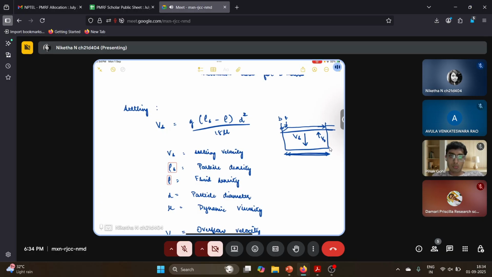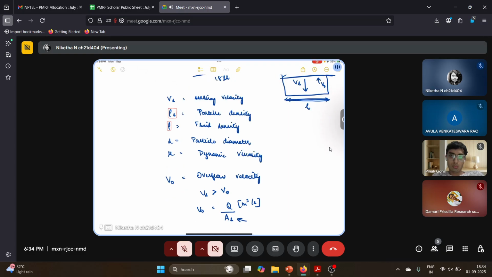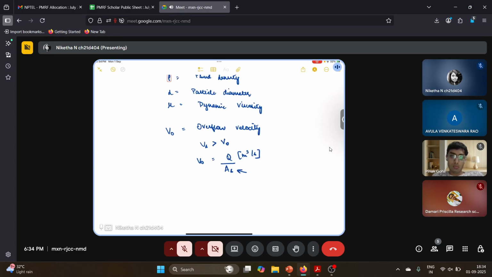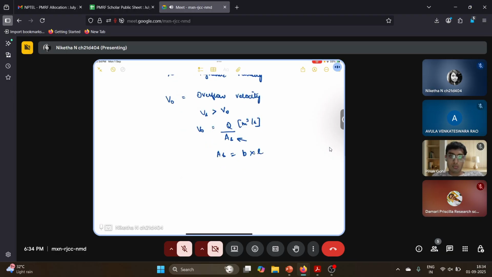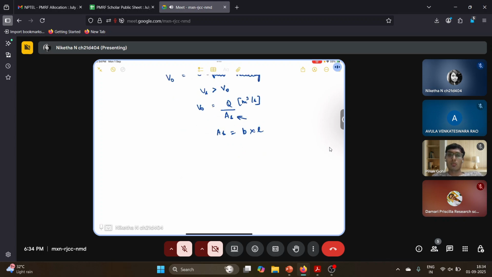So then your cross sectional area, which is AS, is given as B into L. Next, coming to filtration.